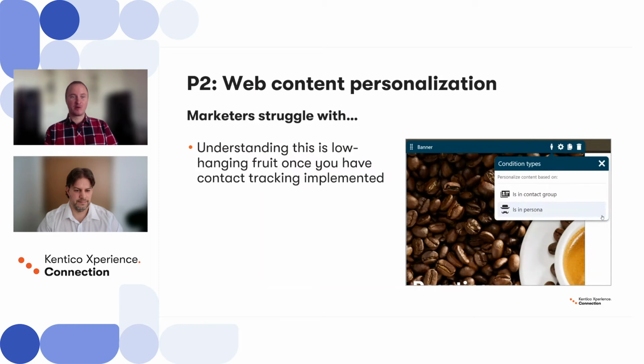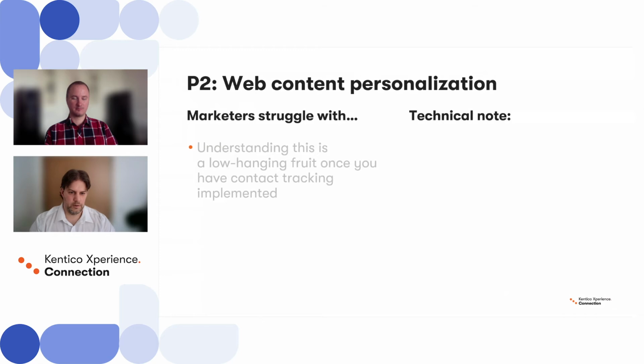And again, for web content personalization, there are a few things that marketers struggle with. This feature, in my opinion, is the most accessible one. Meaning that once you have the activity tracking ready and you have some contacts in the system, you can start to personalize your content. What we sometimes see is that developers and marketers decide first on ways of putting content on the website, which is obvious and quite right thinking.